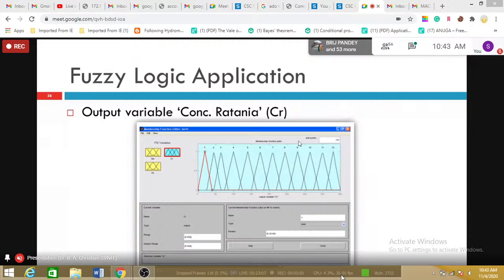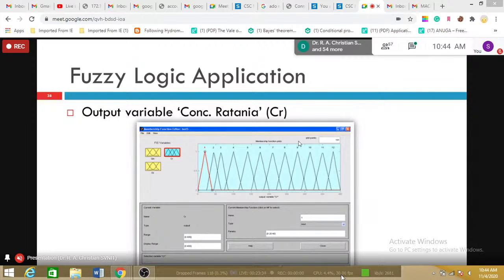Now imagine, friends, when I showed you that complex equation which I wanted to solve, with 7 different coefficients. But I am now working with only 2 variables which were available to me to effectively predict the tritium concentration at Ratania regulator.